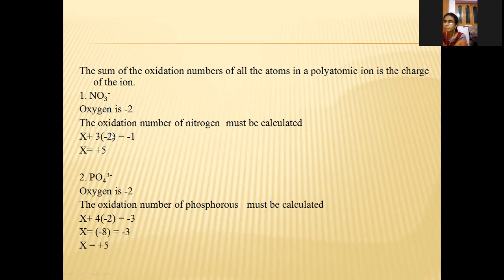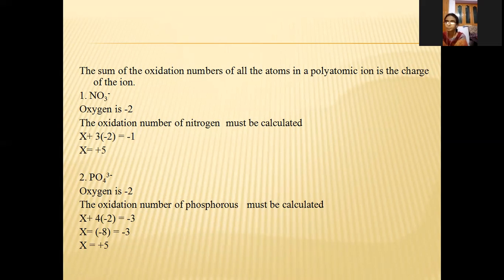If we shift the minus 6 to the other side, it becomes plus 6. Plus 6 minus 1 is 5. So the oxidation number of nitrogen is 5.